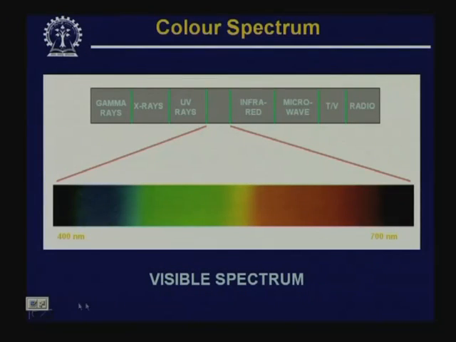Now, when I say that these are the different primary colors, that is red, green and blue, mixing of the primary colors generates the secondary colors. So, if we mix red and blue, both of which are primary colors, they will generate a color called magenta, which is a secondary color.